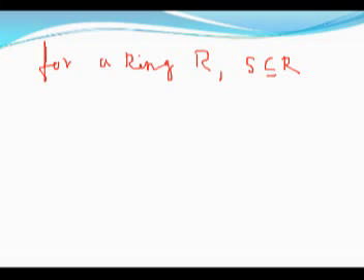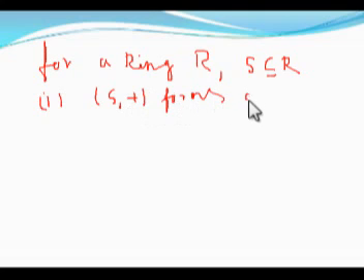Here it means that S with respect to addition forms a group.